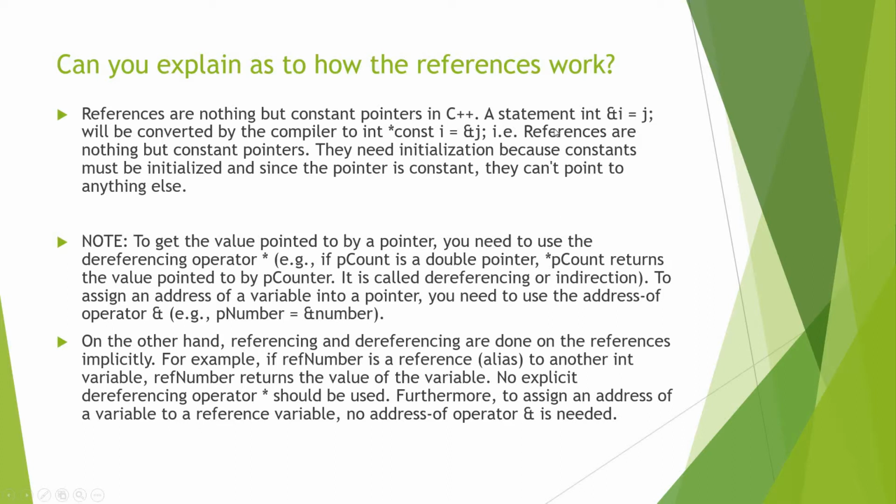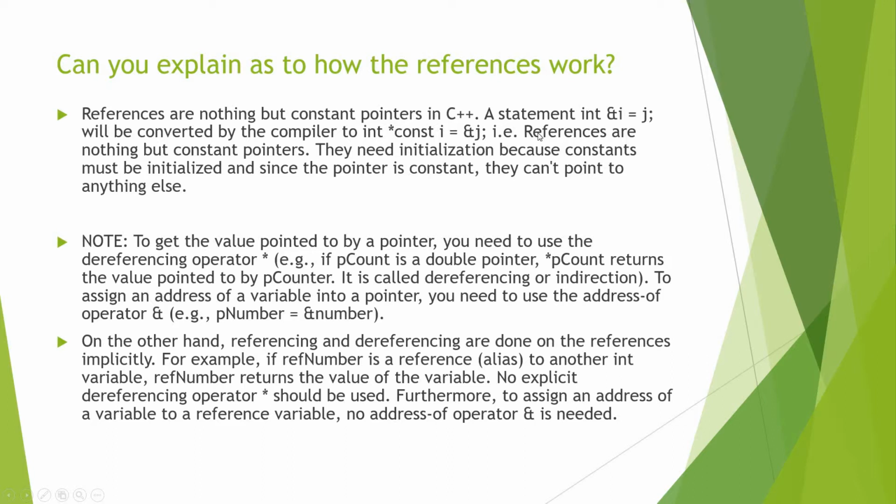So how do references work? References are nothing but constant pointers in C++. A statement such as int &i = j will be converted by the compiler to the statement int * const i = &j, a constant pointer to an integer.